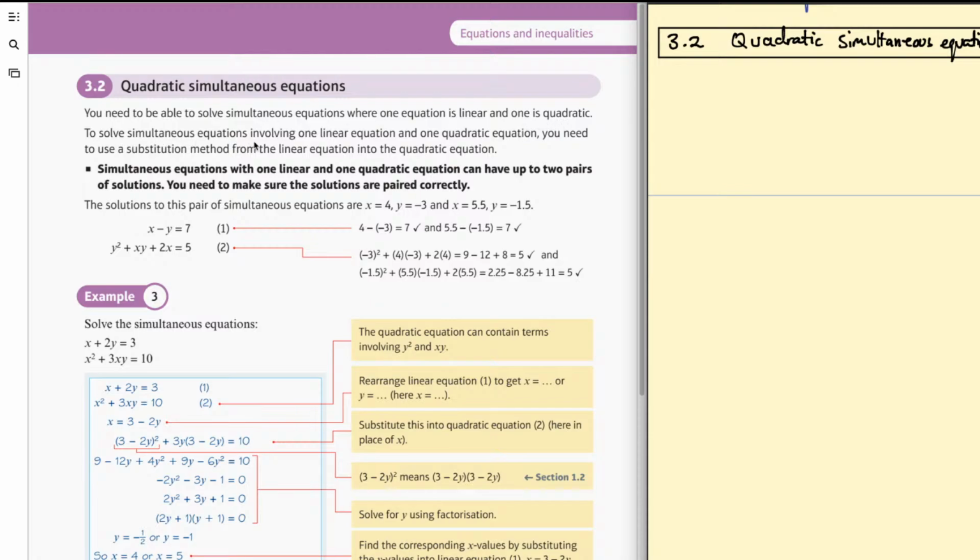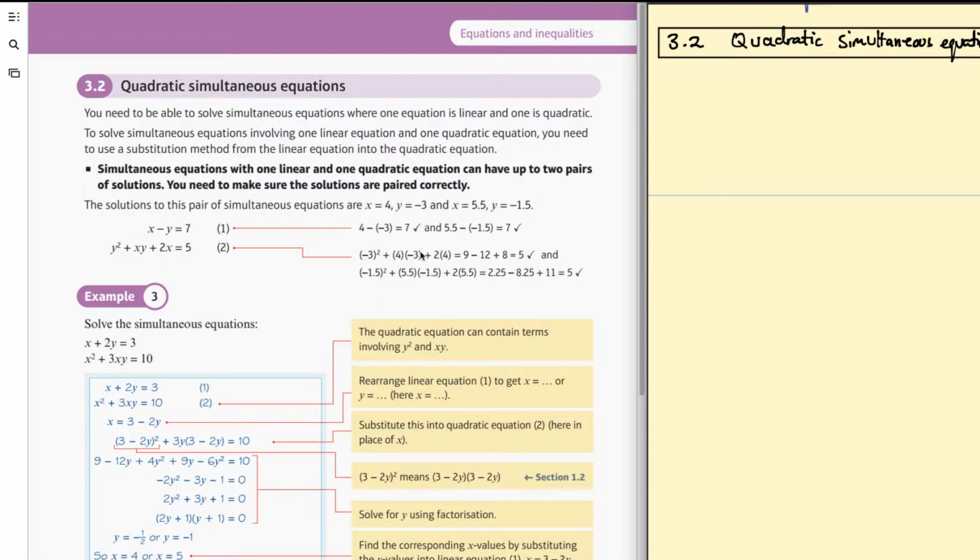To solve them, you need to use the substitution method, substituting from the linear equation into the quadratic equation. Simultaneous equations with one linear and one quadratic equation can have up to 2 pairs of solutions. You need to make sure these solutions are paired correctly.